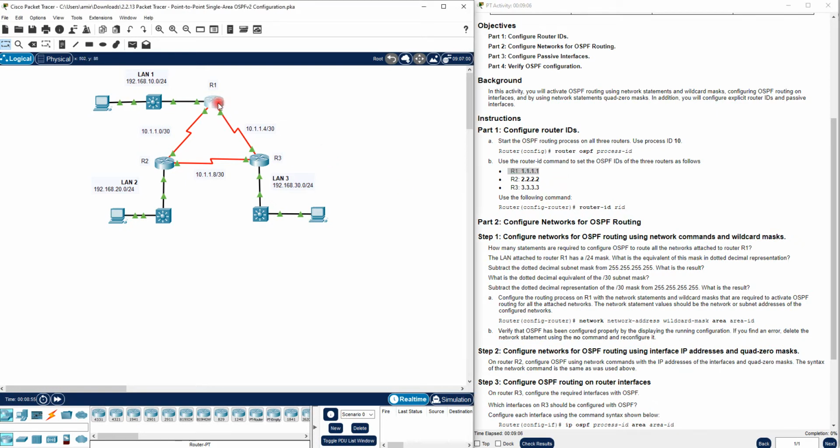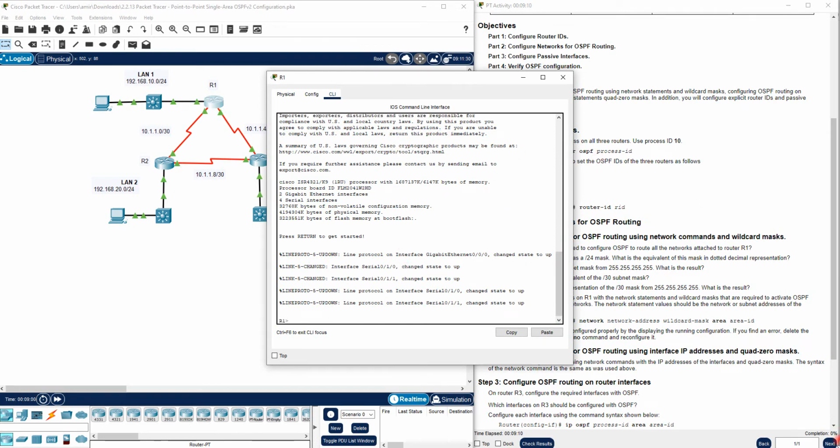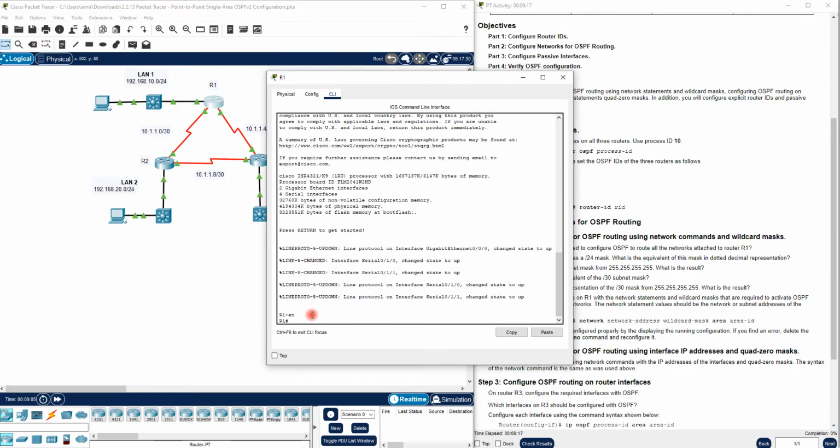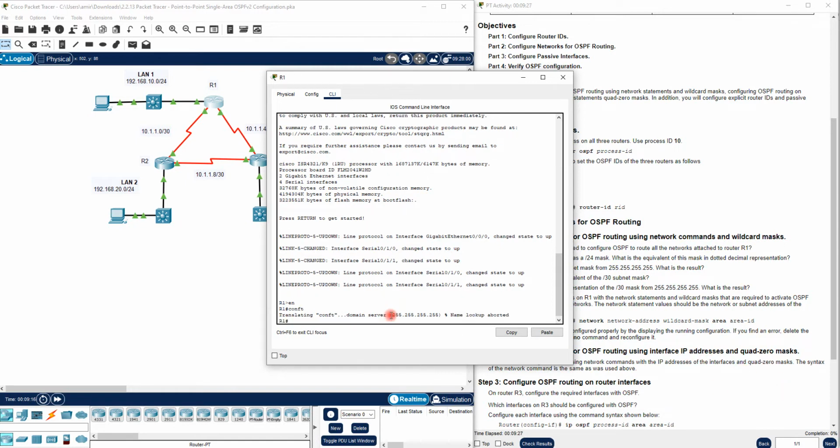Okay, we should start from router 1 here. We can write here enable and conf t. Yes, conf t.